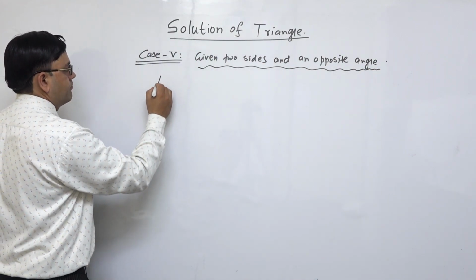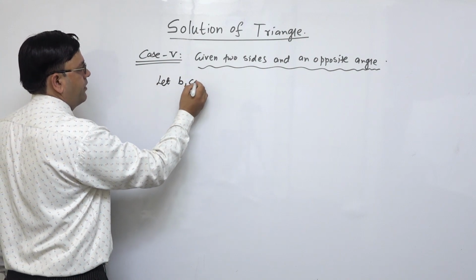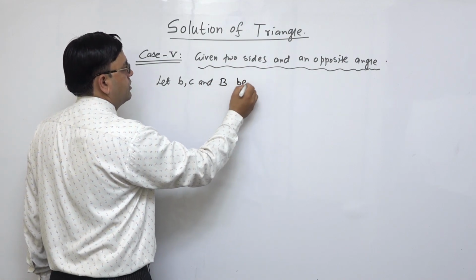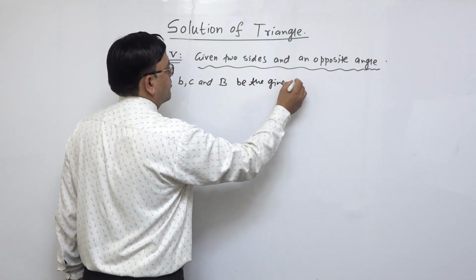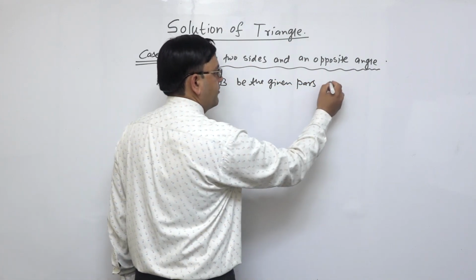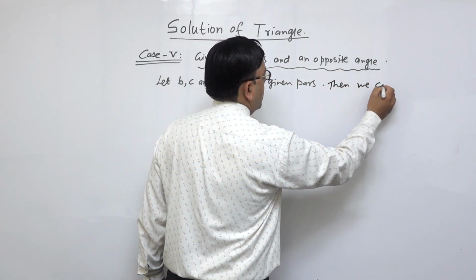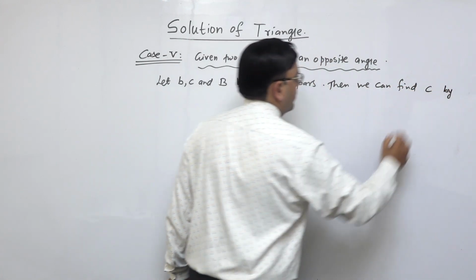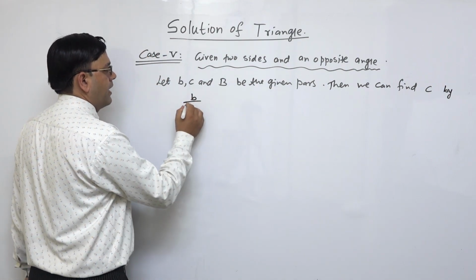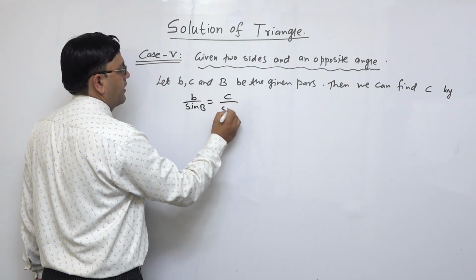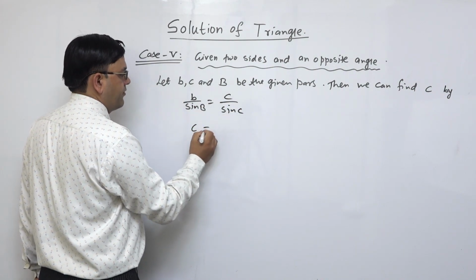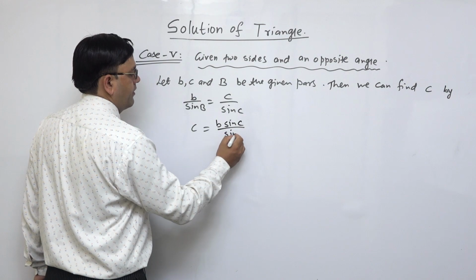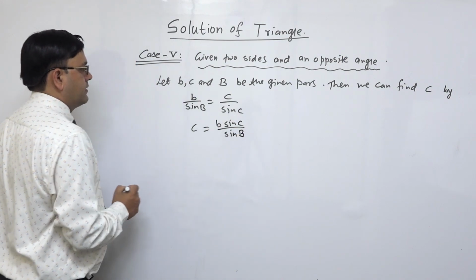Here let b, c and the opposite angle B be the given parts, then we can find C by, we know, b by sin B is equal to c by sin C. So from here sin C is equal to c sin B by b.